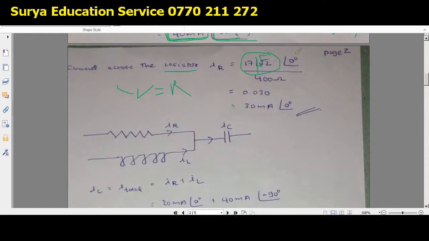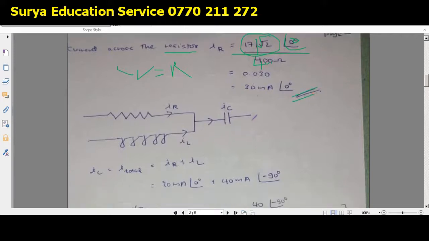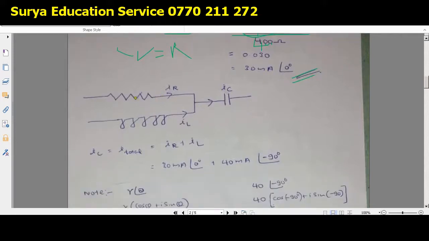And here I put 0 degree because for the resistors we are not going to talk about leading or lagging. So this is the voltage, and that voltage divided by the resistance, this 400 ohm value given, would be 0.03, that means 30 milliampere. That is the answer.